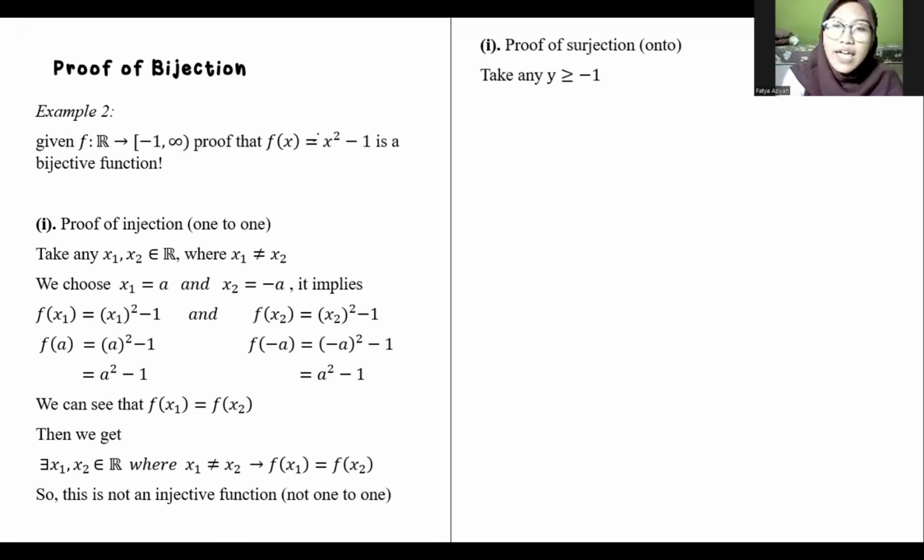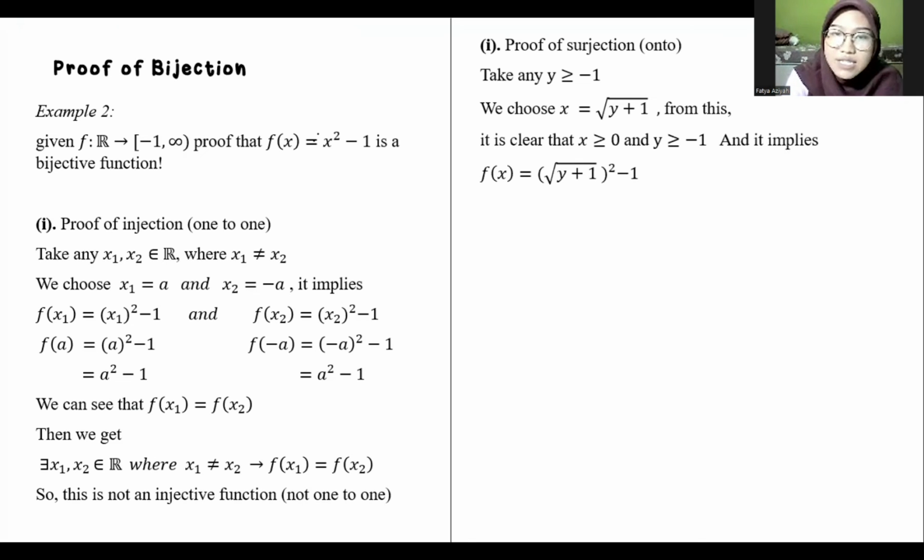So take any y greater than or equal to -1, because it's given in the question. And then we choose x equal to the square root of y plus 1. From this, it's clear that x is greater than or equal to 0 and y is greater than or equal to -1, and it implies f of x is equal to that.